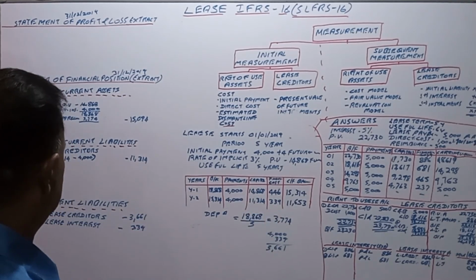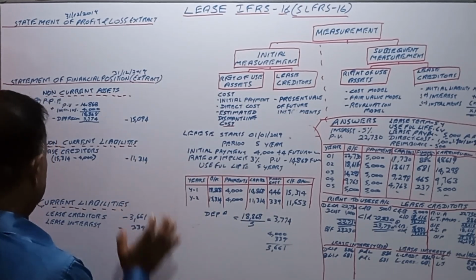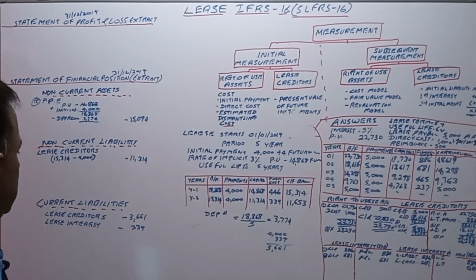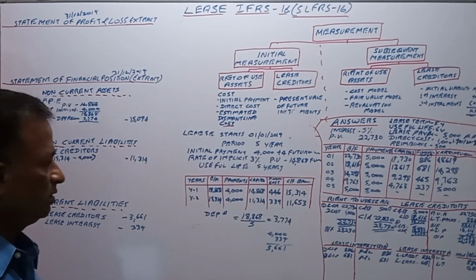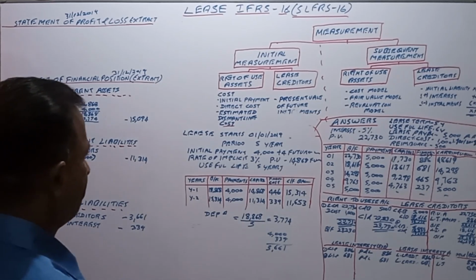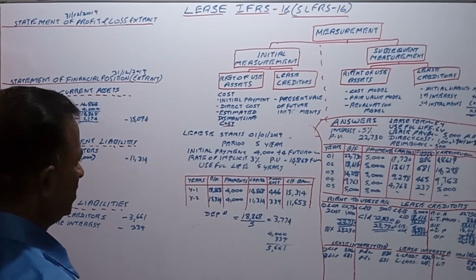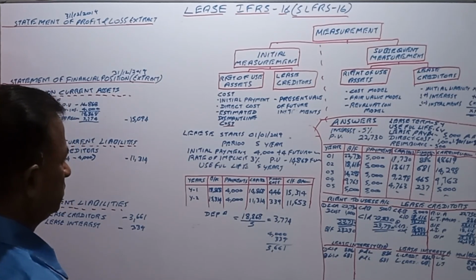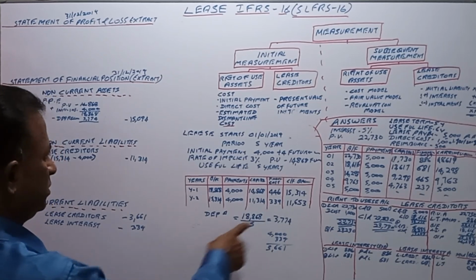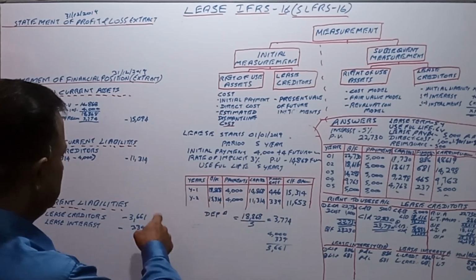That is the interest payable 339 and these creditors 3,661 payable. That is 4,000. That is, we deduct this one from this.